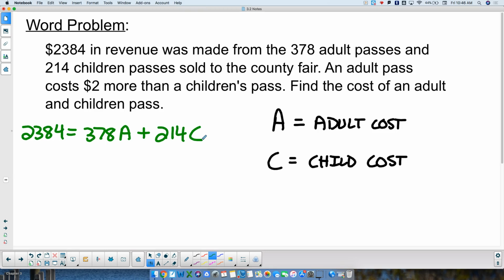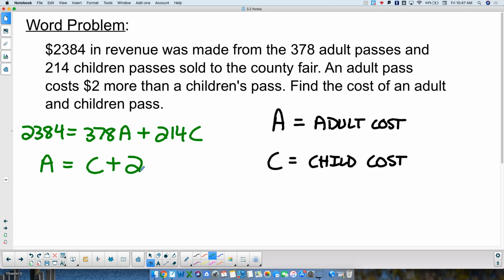So we brought in $2,384. We sold that many passes. So there we go. Next sentence says, an adult pass costs $2 more than a child's pass.